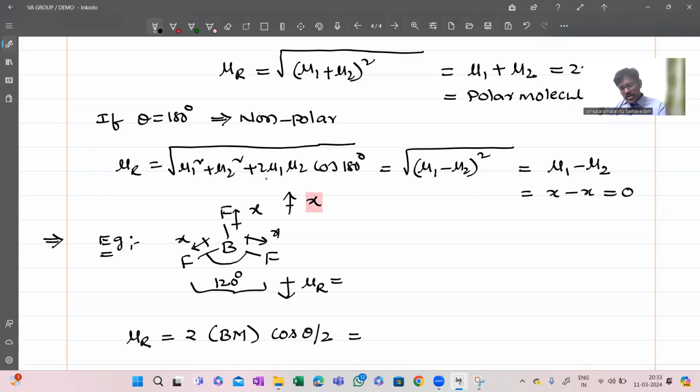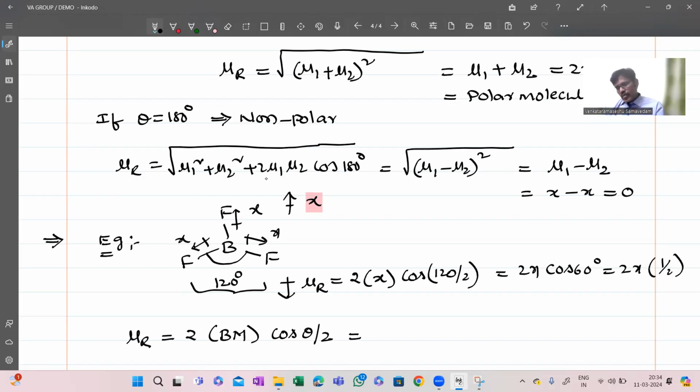Then mu resultant is equal to 2 into bond moment X into cos 120 degrees divided by 2. That is 2x cos 60 degrees. Cos 60 degrees is 1 by 2. That is 2x into 1 by 2, which is equal to x.